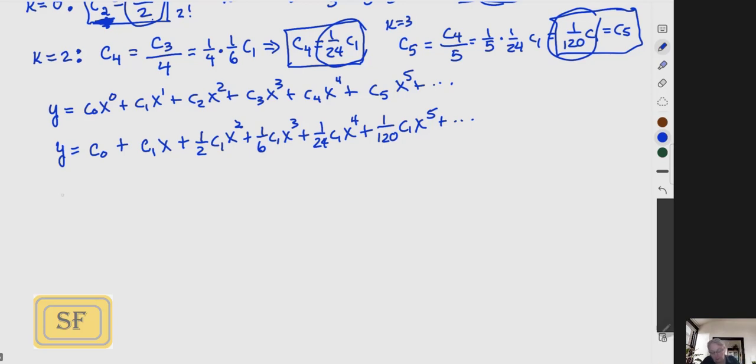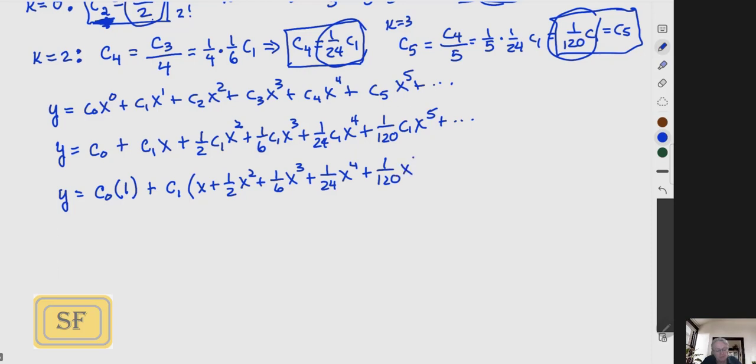Now my two linearly independent solutions come from grouping my C0s and my C1s. I only have one C0 term. So I'm going to write that as C0 times 1. And then all of the other terms contain C1. So I'll factor out the C1, and I'll have x plus 1/2 x squared plus 1/6 x to the third plus 1 over 24 x to the fourth plus 1 over 120 x to the fifth, and then that continues onward.